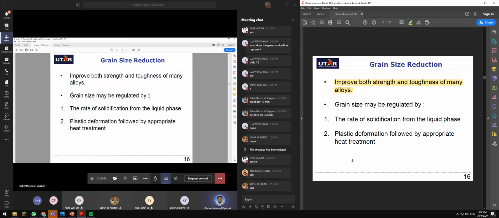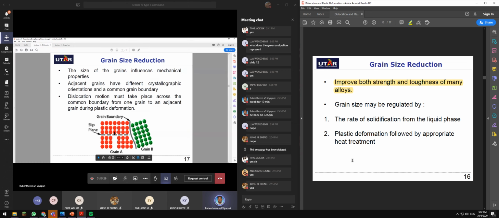And grain size can be regulated. How are you going to control grain size? Grain size can be regulated by the rate of solidification from the liquid phase and by plastic deformation. You induce plastic deformation followed by appropriate heat treatment. This is how you control the grain size.